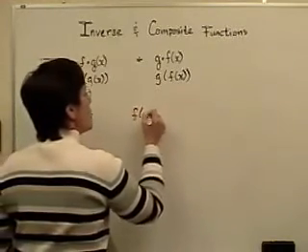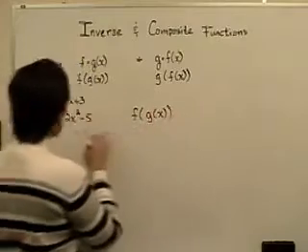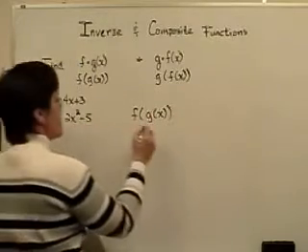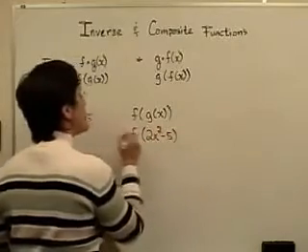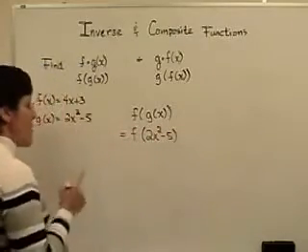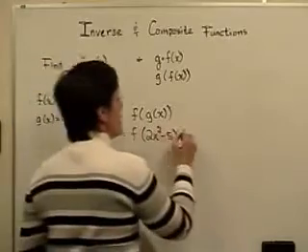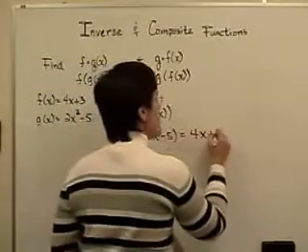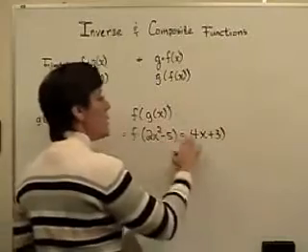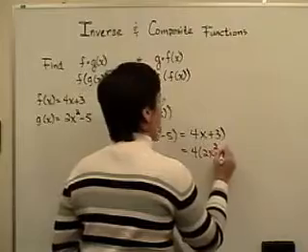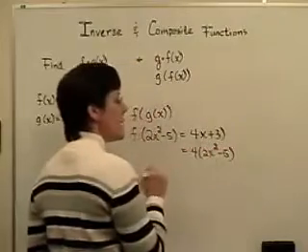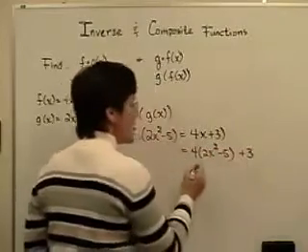In this case, f of g of x means that I need to take the expression for g of x, 2x squared minus 5, and substitute that into f, this expression right here, into 4x plus 3. So the independent variable, if you will, in for x. So I'll have 4 times 2x squared minus 5, because I've substituted that in for x, plus this 3. I'll distribute.